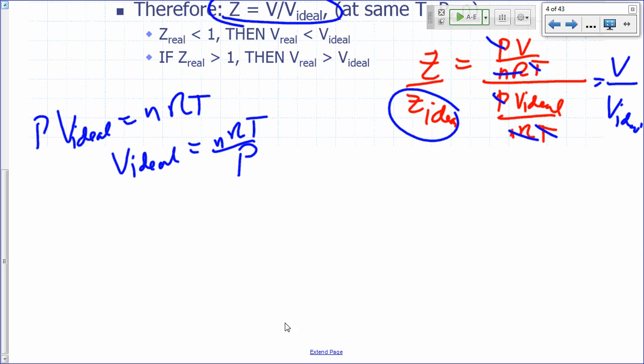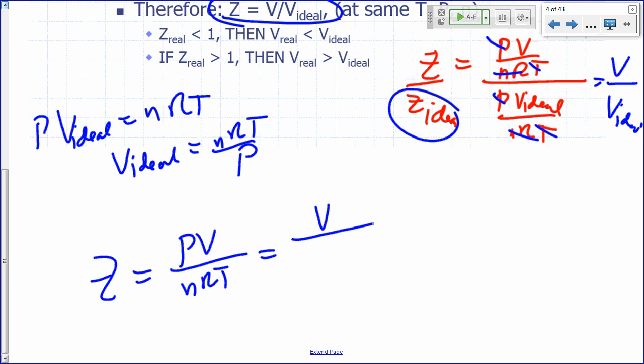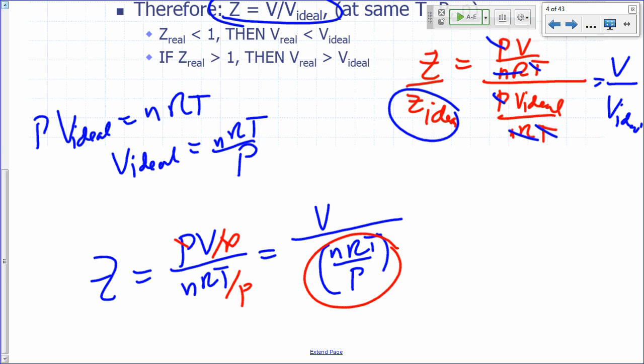So you can say then that Z, which is PV over nRT, you can write as volume divided by nRT over P. All I did was divide both numerator and denominator by pressure. But what is this down here? That's the volume you would calculate if the gas was behaving ideally. So in other words, this is the actual volume divided by the ideal volume.